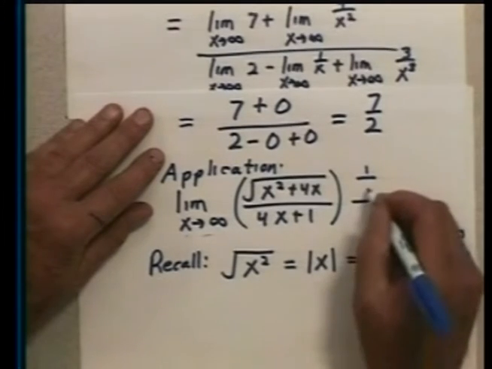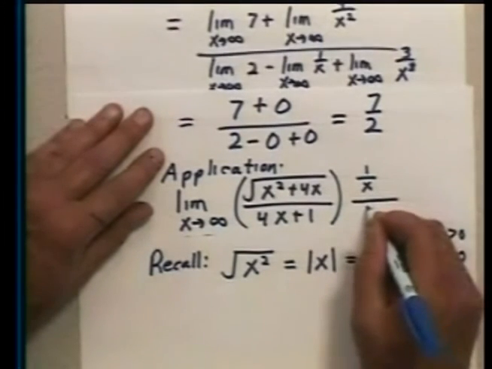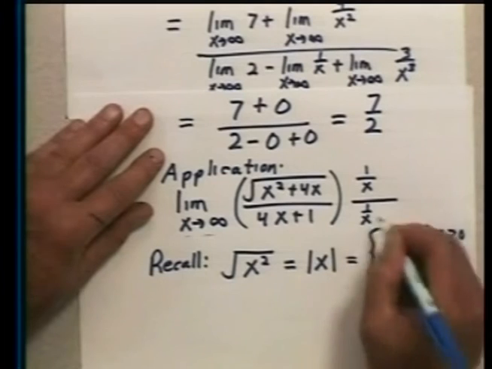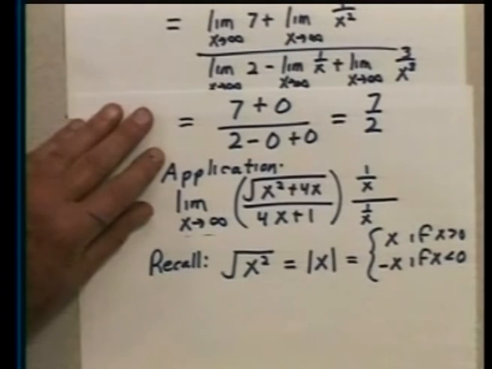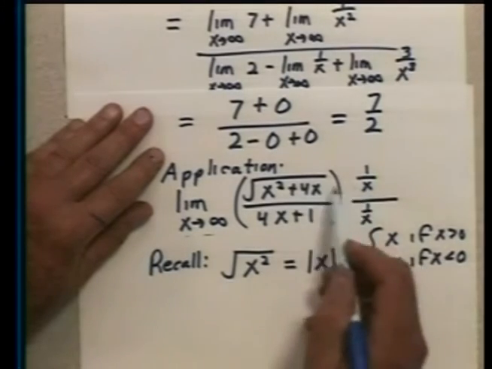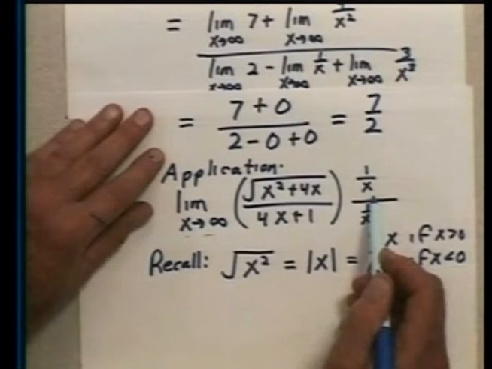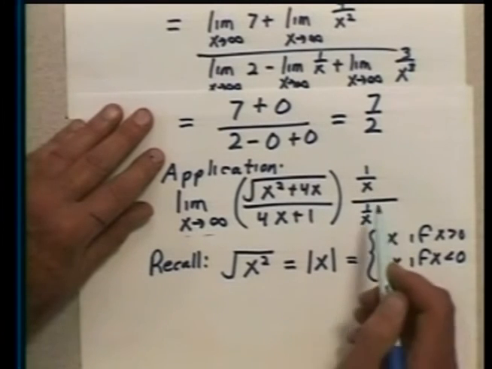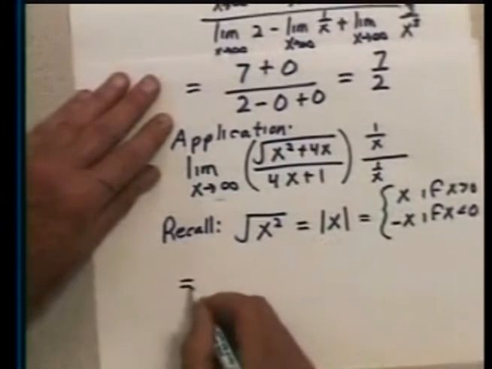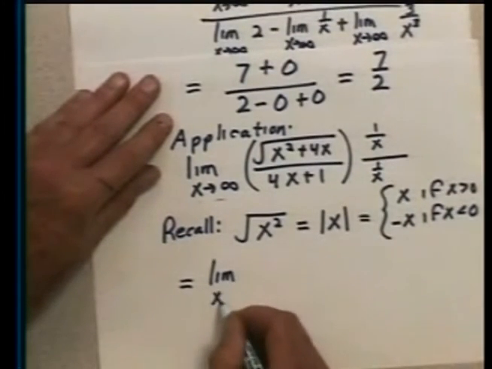Okay, I'm going to multiply by 1 over x, okay? The problem is, I can't multiply the numerators because you can't multiply a radical by a non-radical. So you got to change the top to radical form. I'm going to be careful since this is the first time.